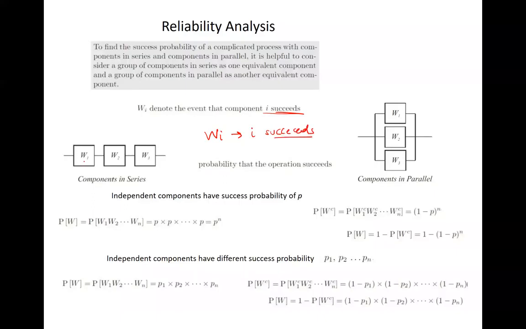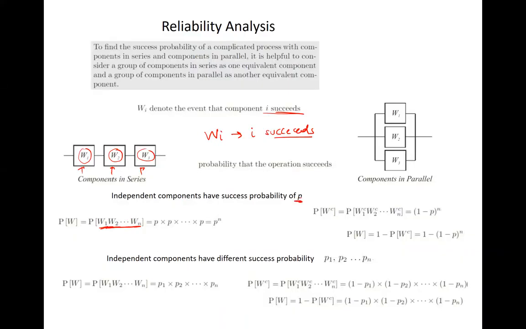So this is W1, the first component, second component, third component, and success of the first component, success of the second component, and success of the third component. So the overall probability of success here will be simply multiplication of all this, so the intersection of these successes, and then we have to know the success probability.